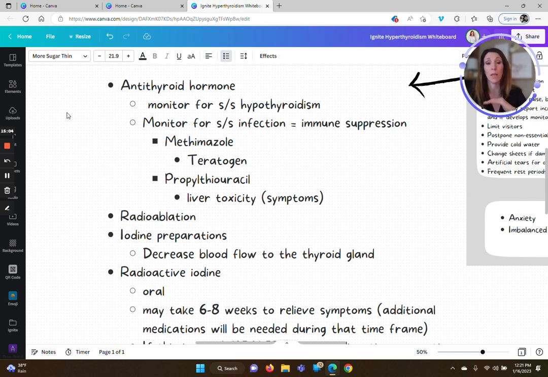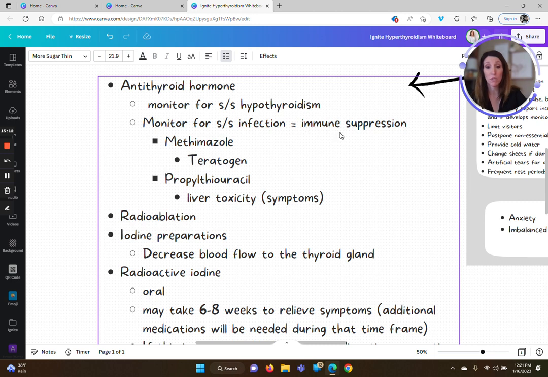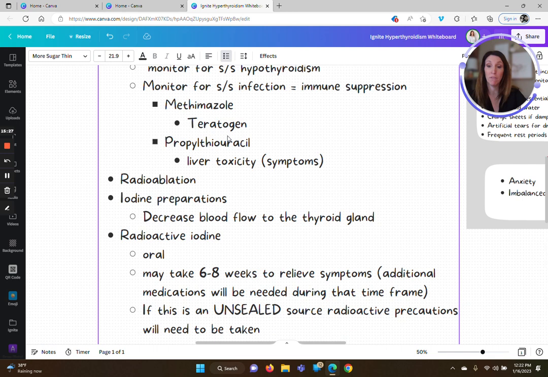Okay, so it's got to be regulated, just right in the perfect range. And then we're going to monitor these patients for signs and symptoms of infection because the anti-thyroid hormone is an immune suppressor. That medication suppresses the immune system, and so we need to make sure they're not developing an infection.